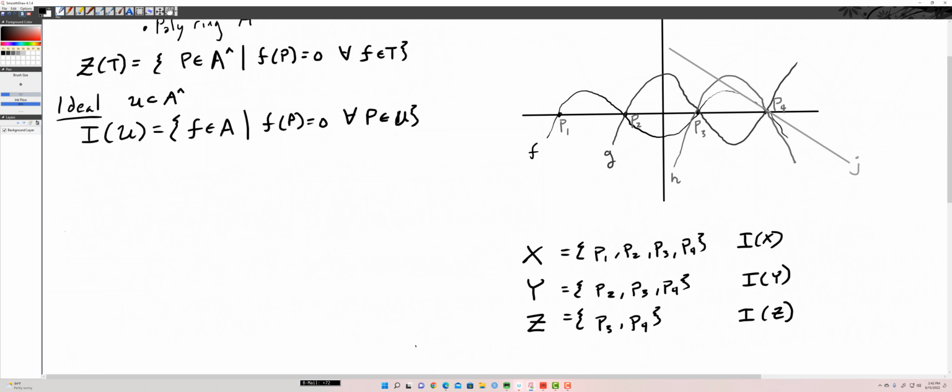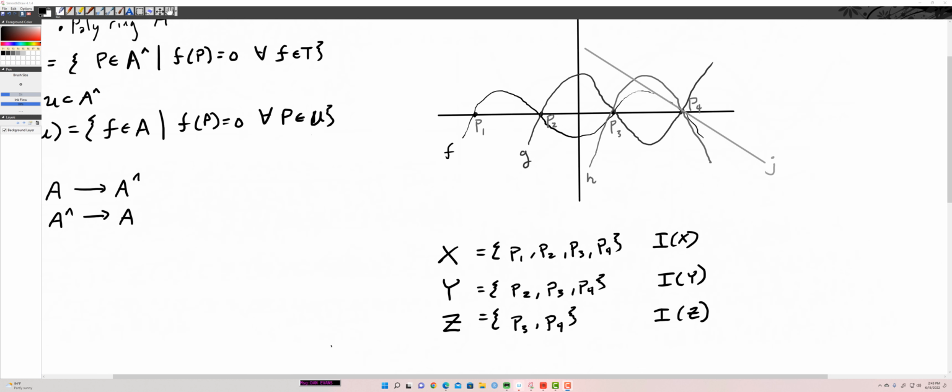So the thing that I want to think about is that the function Z, meaning this zero set up here, can be thought of as a function from some set inside the polynomial ring to the affine space. In other words, I'm taking functions and I'm getting out some subset of the affine space, whereas I, the ideal, can be thought of as acting on the affine space and giving me back some subset of functions, which happens to be an ideal.